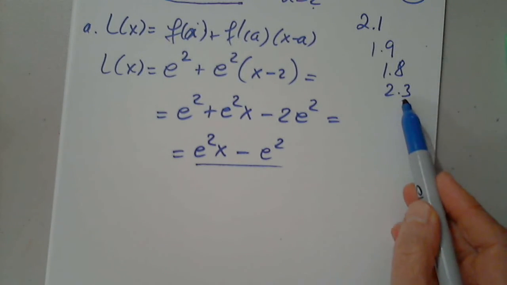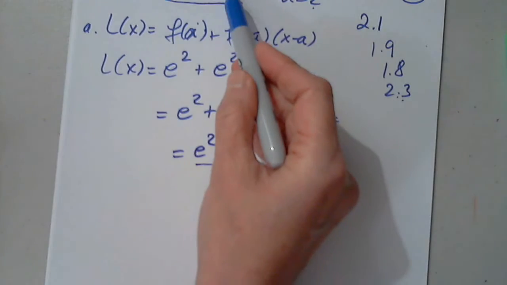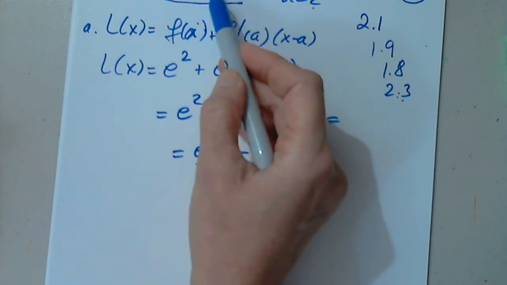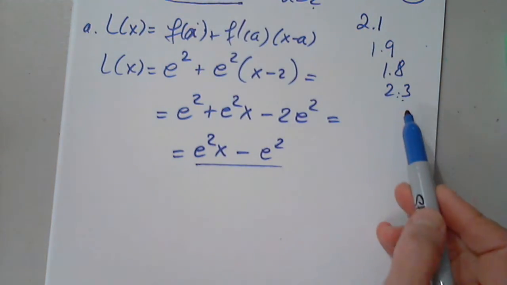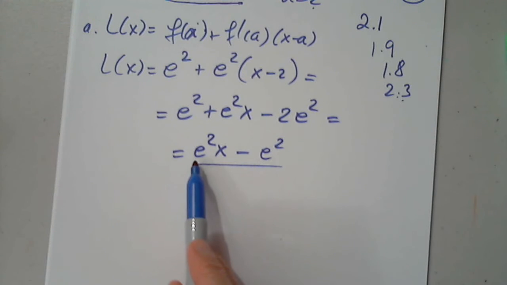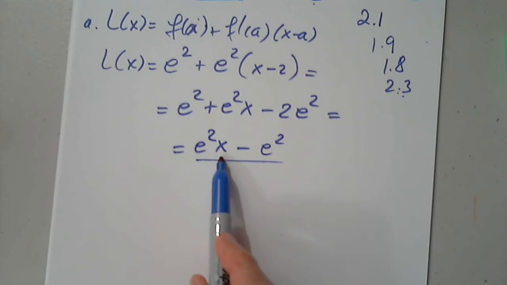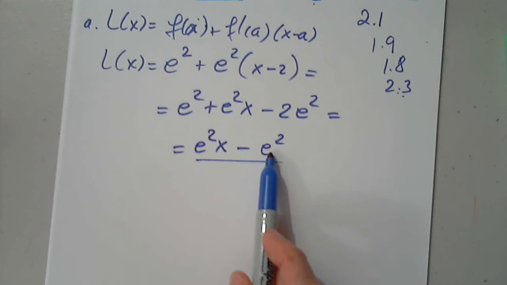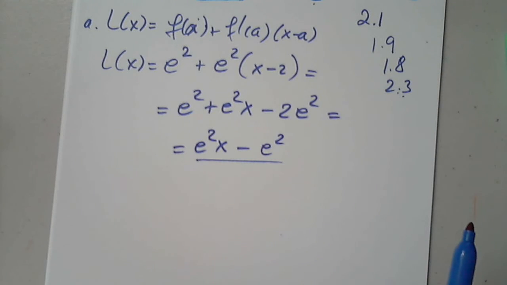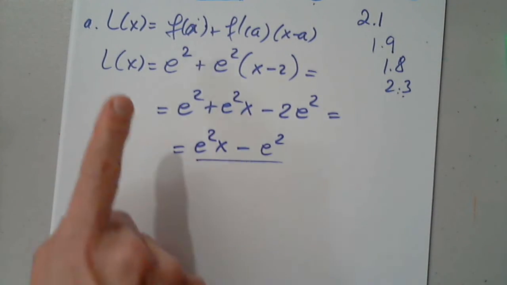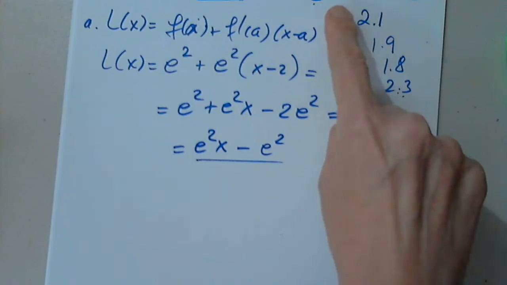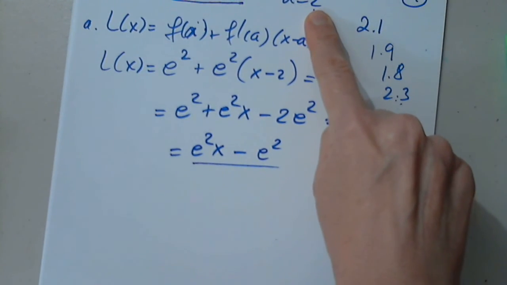It's close to plugging in 2.3 into the function, which you cannot do. No one can do e to the 2.3. But everyone can multiply e squared by 2.3 and subtract e squared. That everyone can do. So this is the line that approximates that function near, left and right of, 2.